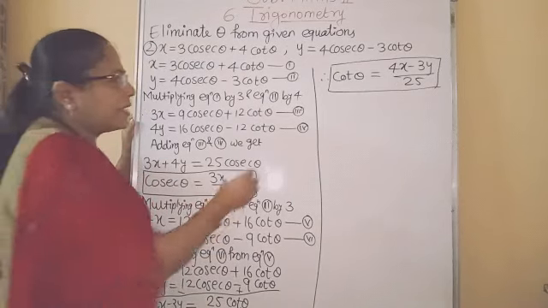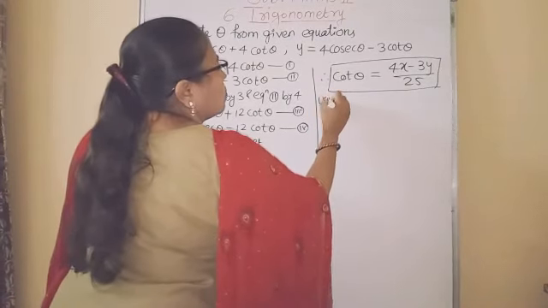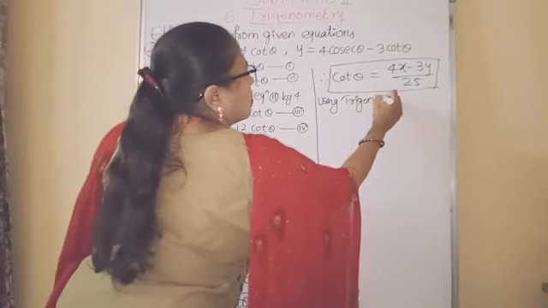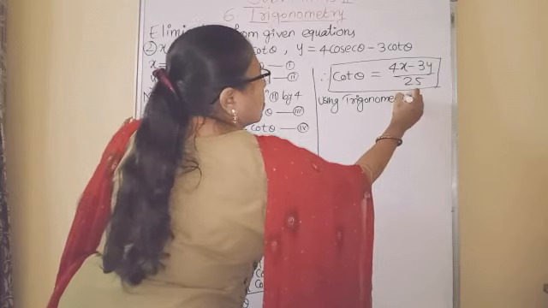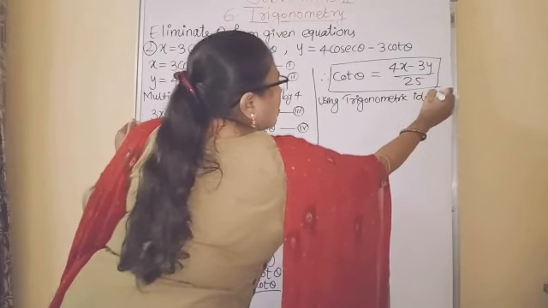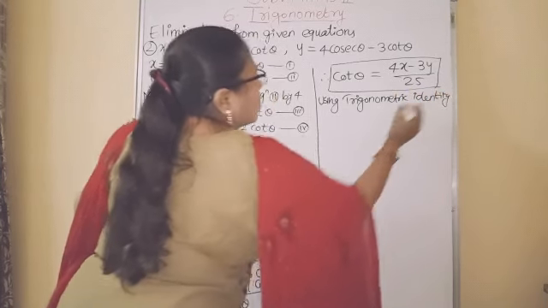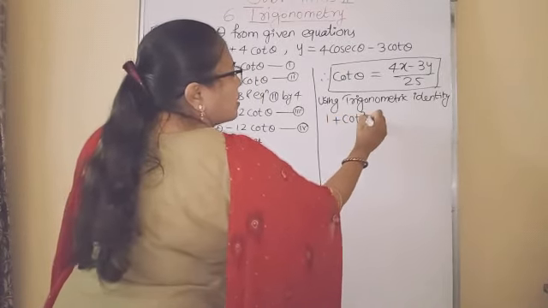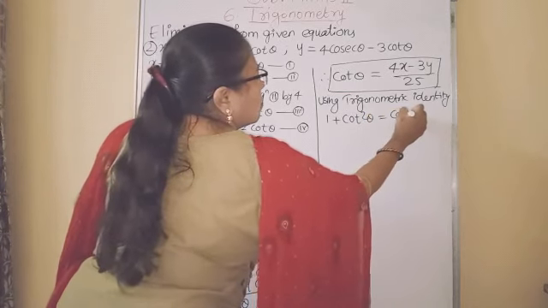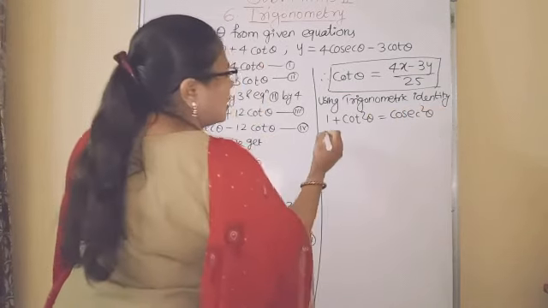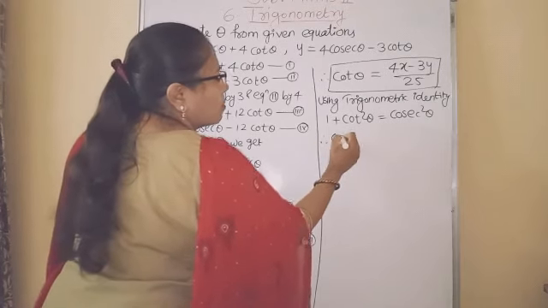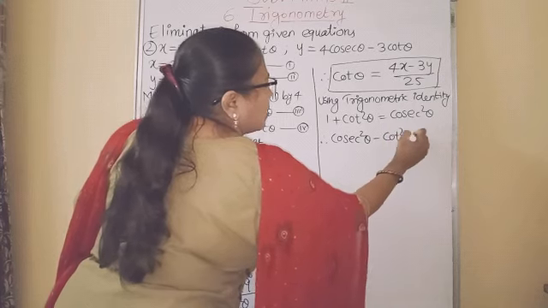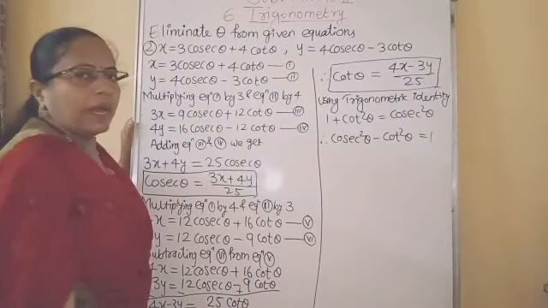Okay, now we will use an identity. Using trigonometric identity, the same identity we will use. 1 plus cot square theta is equal to cosec square theta. Therefore, cosec square theta minus cot square theta is equal to 1.